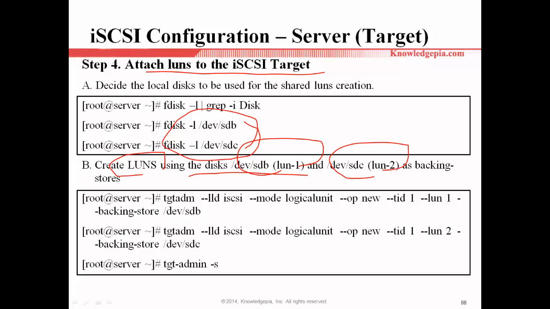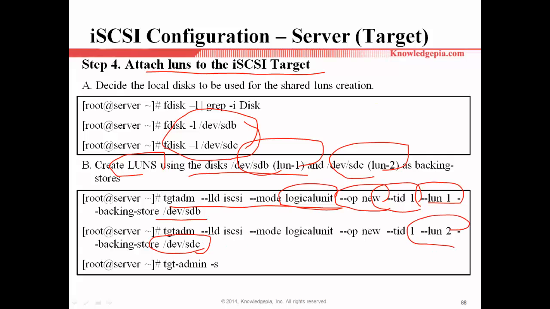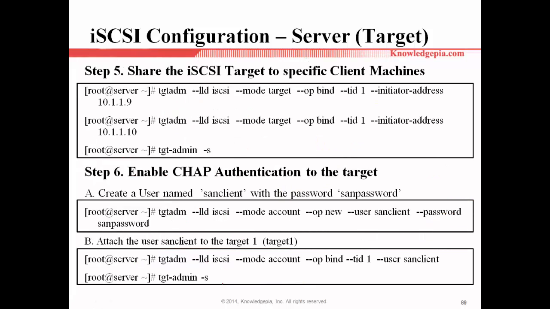So using this command, we can configure tgtadm --lld iscsi --mode logicalunit, operation new, the target ID, and LUN number 1 will be /dev/sdb, and LUN 2 will be /dev/sdc. And after that, using this command, tgt-admin -s, we can check our configuration.